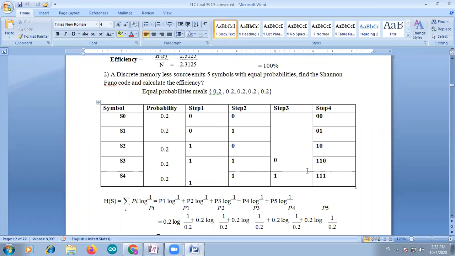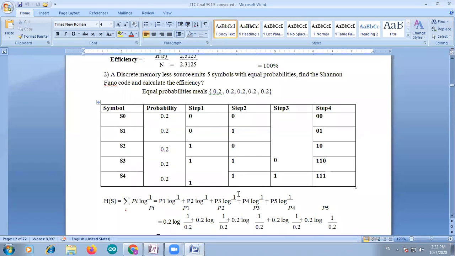Now step 3: the below group is again divided into 0.2 and 0.2. So whenever you do grouping, draw a line to separate the groups. Above the group, 0 is assigned; below the group, 1 is assigned. That rule is followed. That is the procedure.